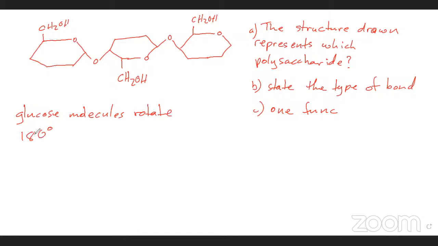As I said, it flipped. But if they ask you on the exam, you would say it rotates 180 degrees. So this one is pointing up, the next one in line flips downwards. That's 180. And then the next one flips up again.